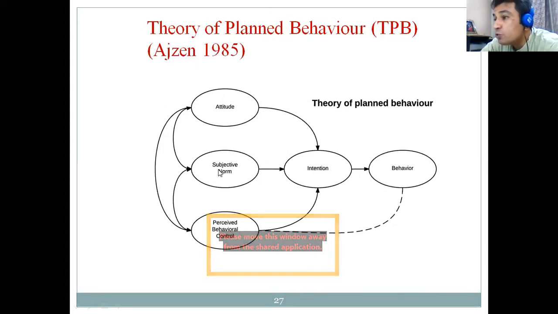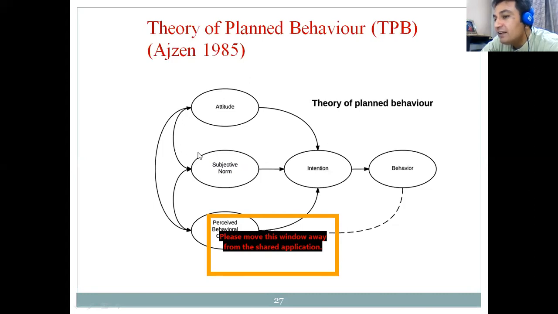I'm not saying it's true, it's a hypothetical assumption that people will take it as a formal meeting if coffee is served. So that is a subjective norm. That is where the word subjective comes from. Now there is an interaction between attitude and subjective norm.